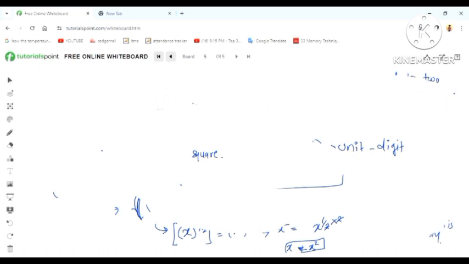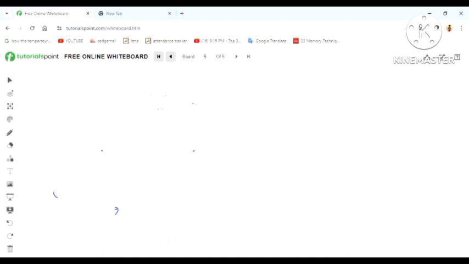Okay, and if you want to find the square root of 25, you can simply again take the prime factorization method. 25 is here, and 5 5s are 25, 5 1s are 5, then it is 5 into 5. So here you can see that those two 5s are in a pair.